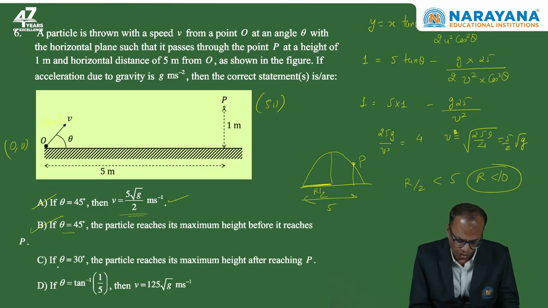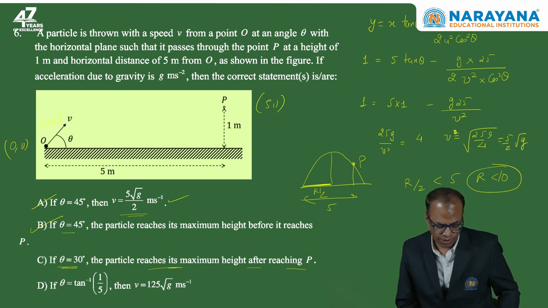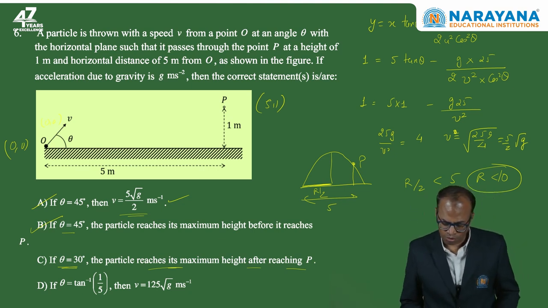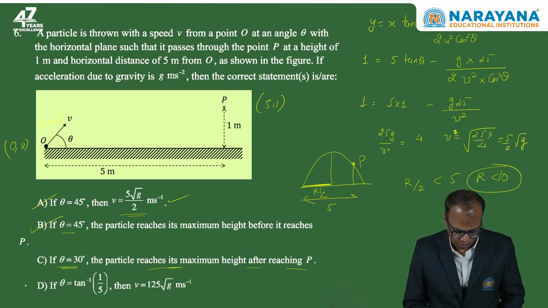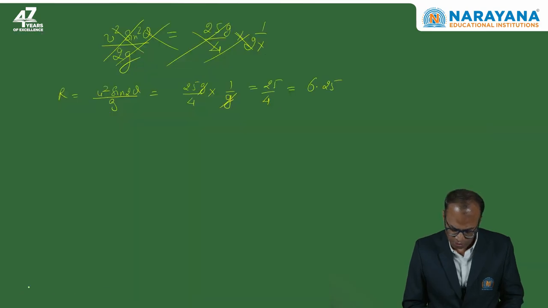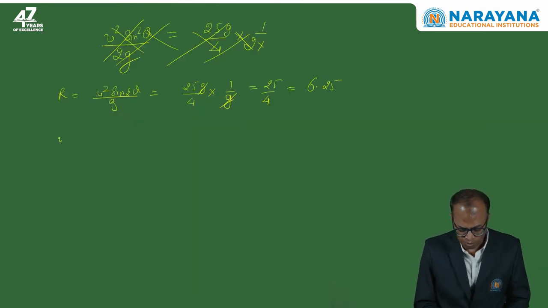Okay. Now if theta is 30 degree, the particle reaches its maximum height after reaching P. So I have to find v for theta also. I'll have to plug in the values of theta and validate whether this is correct or not. So again, y is equal to x tan theta minus g x squared by 2 u squared cos squared theta.